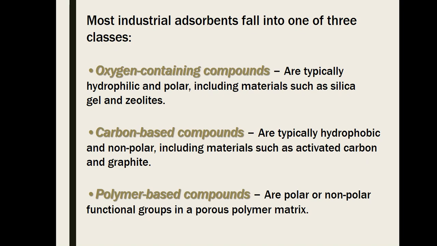If oxygen-containing compounds are water-loving, this one is not so loving with water. They are typically hydrophobic and non-polar, including materials such as activated carbon and graphite. The carbon-based compounds are actually the most abundant available locally. In terms of their availability, we won't have any problem.